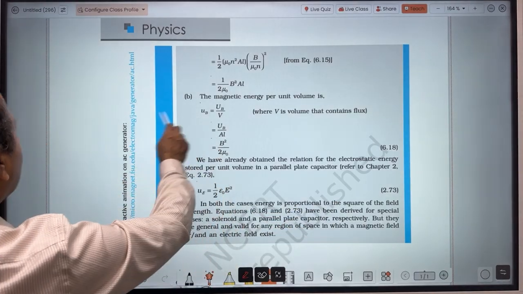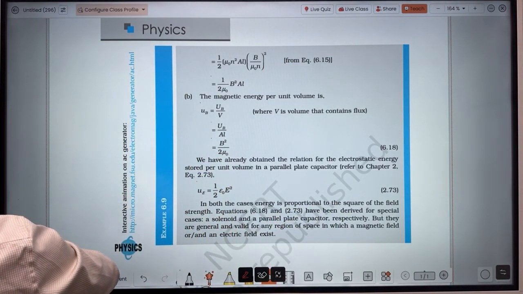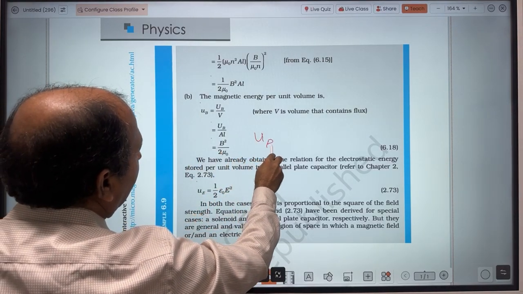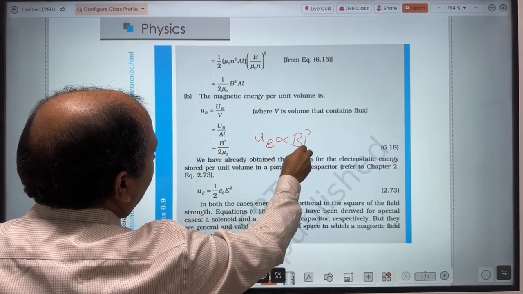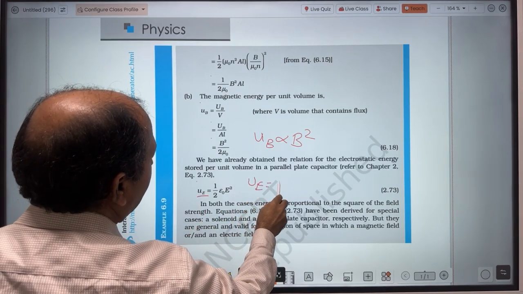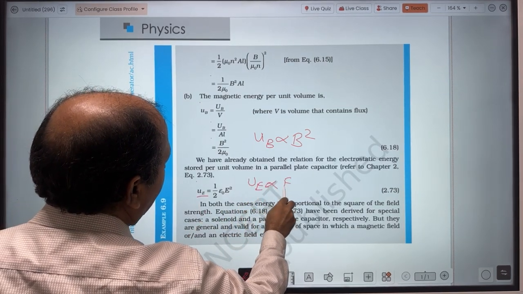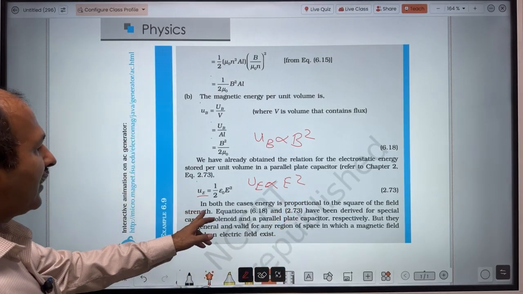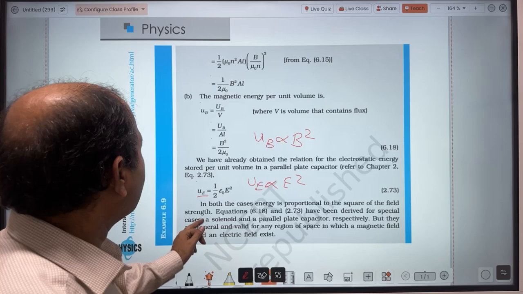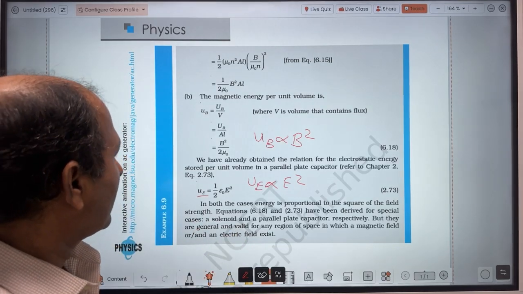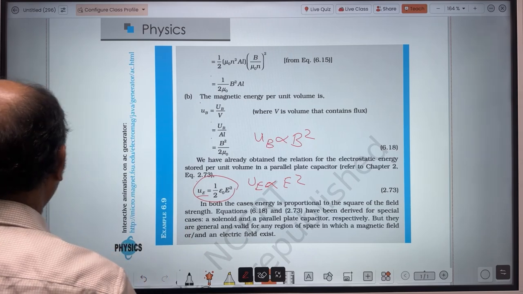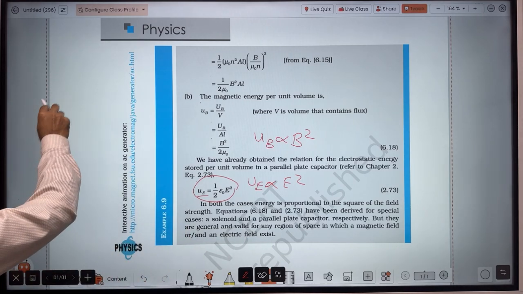Here U B is proportional to B square, here U E is proportional to E square. So the same thing is given. Correct? If you don't remember this, I can remind you of it.